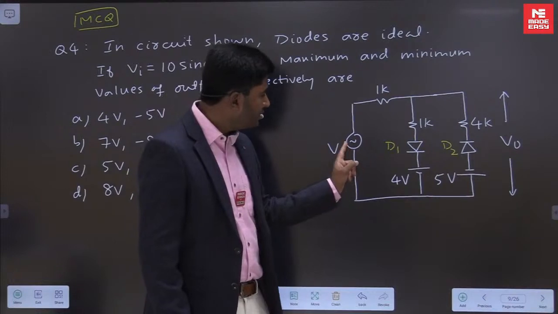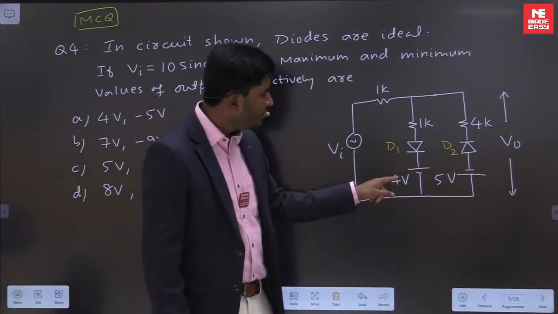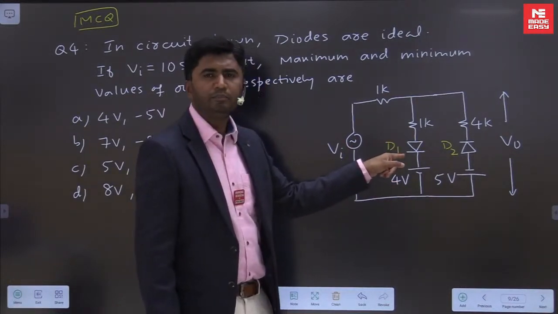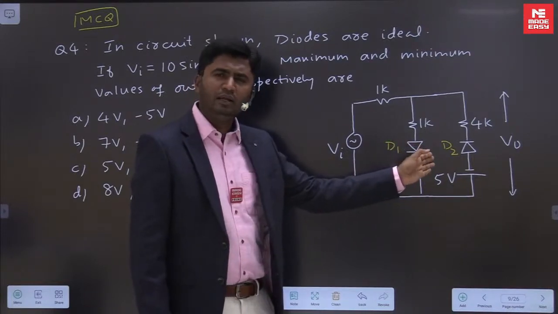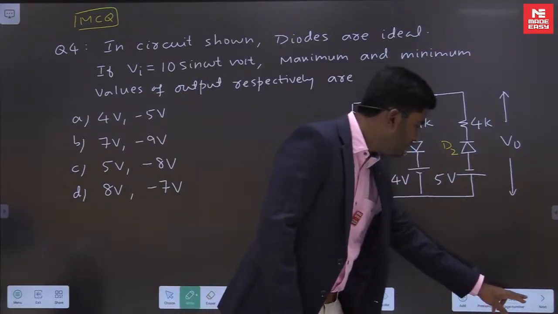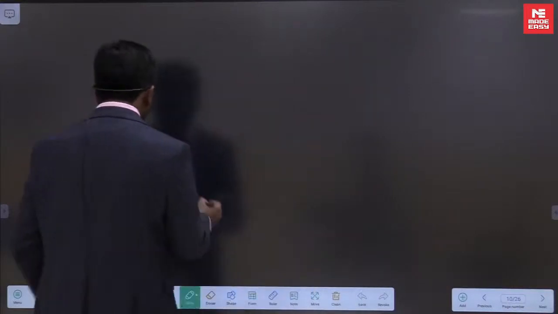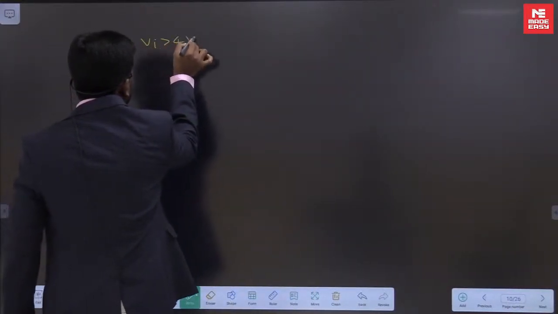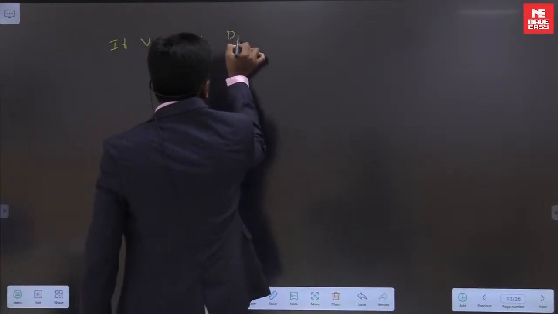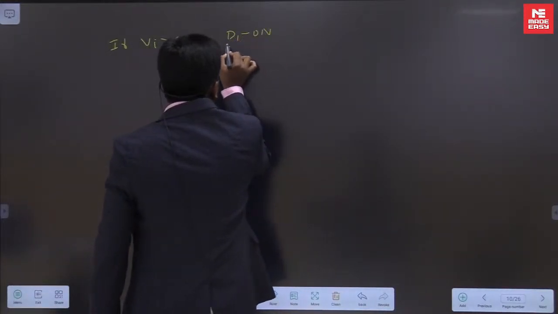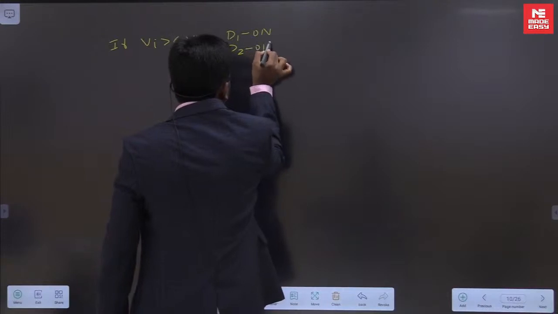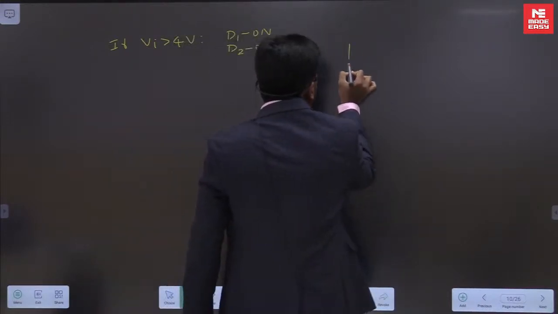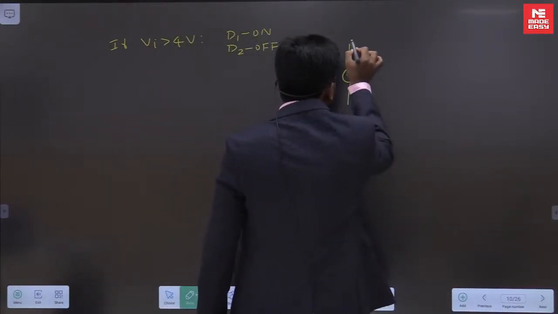If input becomes greater than plus 4, then D1 becomes on. Okay, and other diode D2 will be off. Let me write that here. If Vi greater than 4 volt, then D1 on and D2 will be off. And we can redraw the circuit in this way.